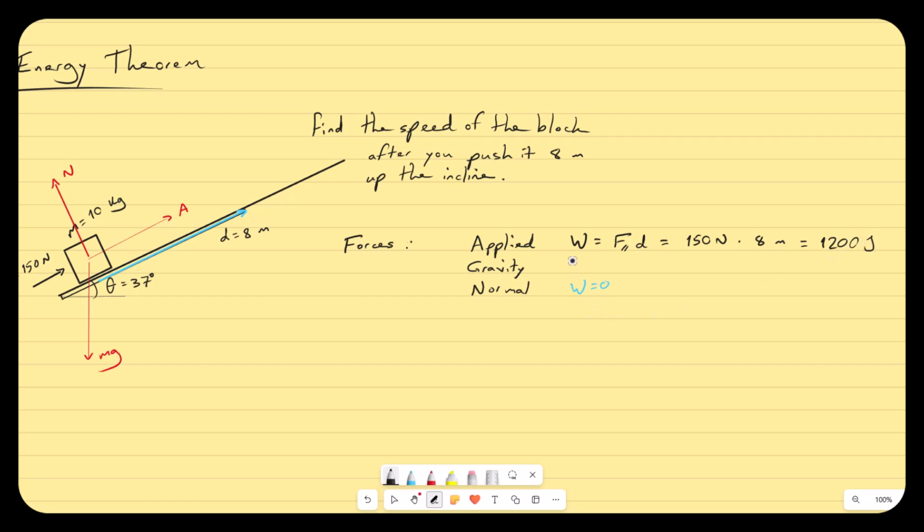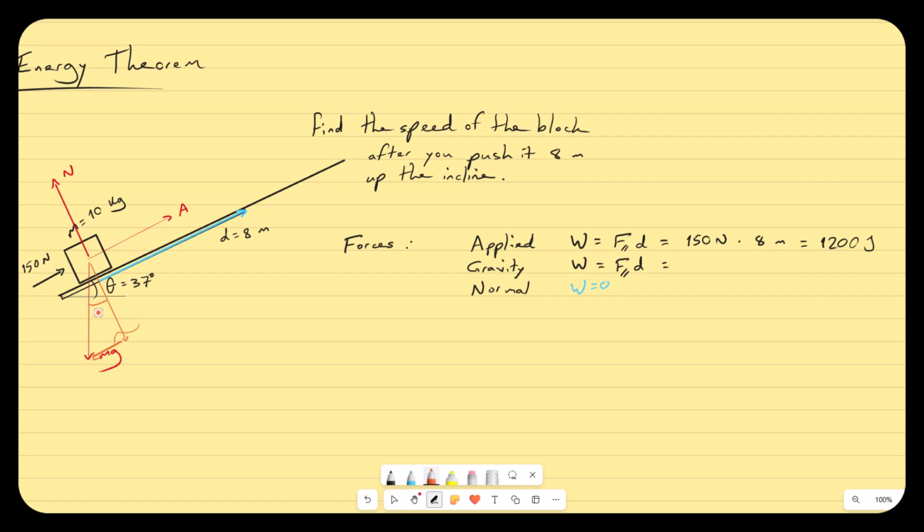Now gravity. Gravity is going to be a force parallel times a distance. My force, I've got an mg. I'm going to break that into two components. Now I could either break my force into components or my displacement. I'm going to break my force this time because I've got to pick one.